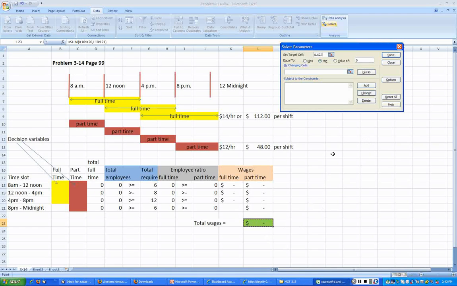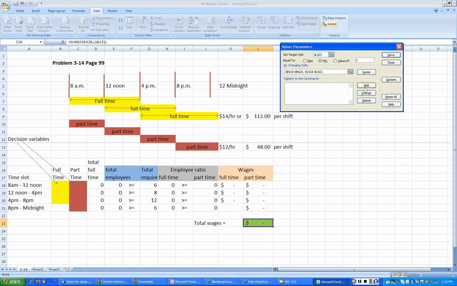My objective is to minimize the cost, and my decision variables are the number of full-time people we need, comma, the number of part-timers. We can pass this information at various places by separating them with commas.